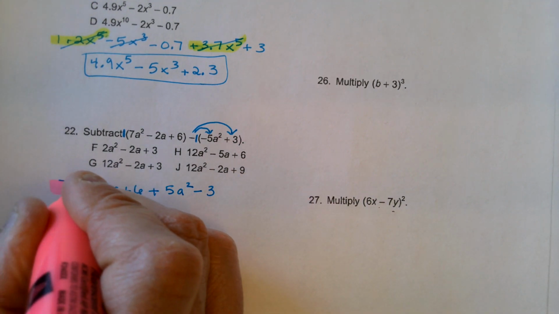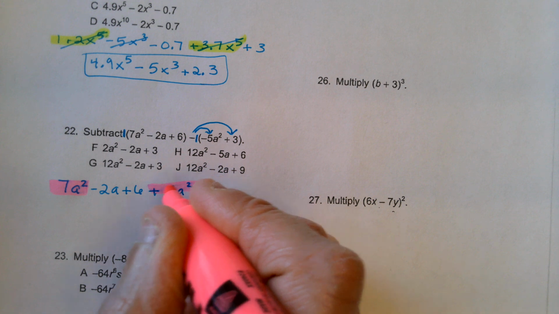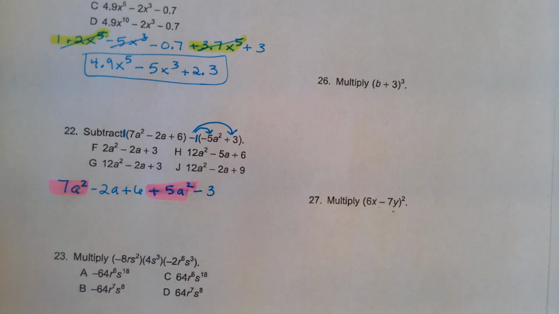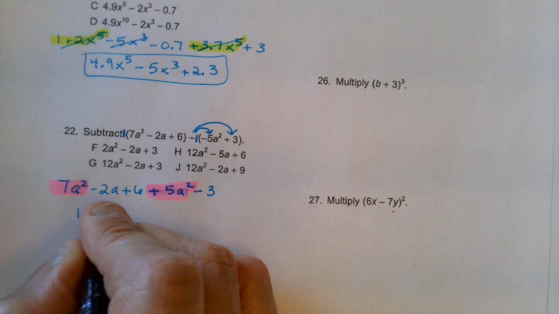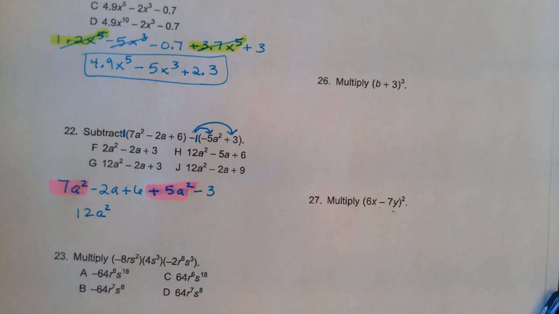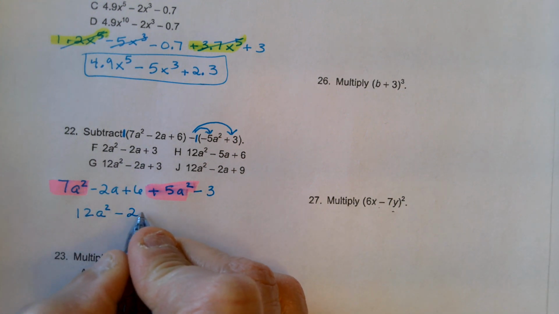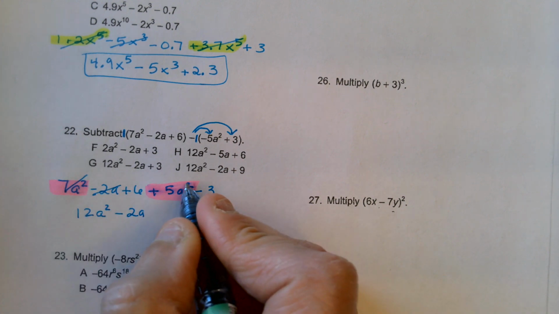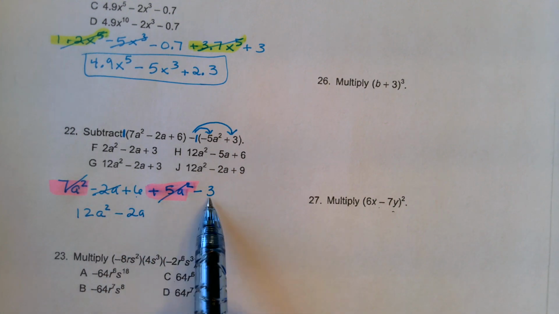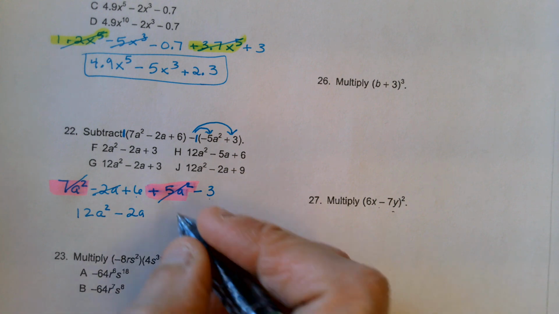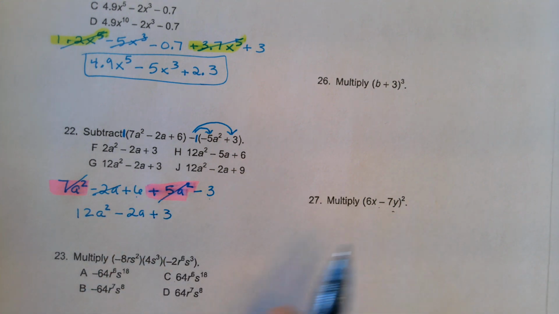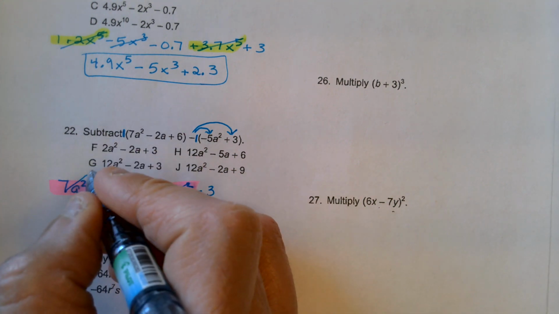Do I have any other a squareds? Yeah, make sure you take the sign before it. So 7a squared plus 5a squared is 12a squared. Do I have any other a's? No, I don't. So it's gone, that's gone, that's gone. Then I have 6 minus 3. Don't lose your signs. That's plus 3. So it looks like G is our answer.